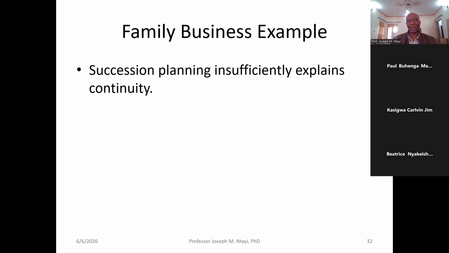You even go to these companies and give them advice on succession planning. But you forget that the success of succession may actually depend on a number of issues. One of those issues is intangible resources. And those intangible resources include things like trust. You know, according to social capital theory, social capital is actually a resource, and within it you have intangible resources like trust.